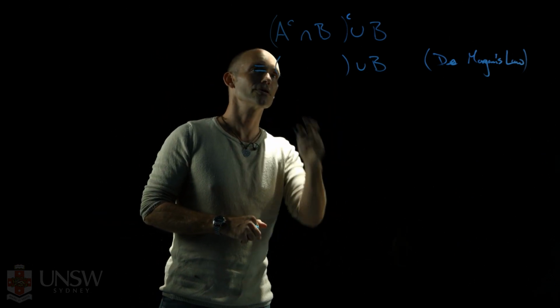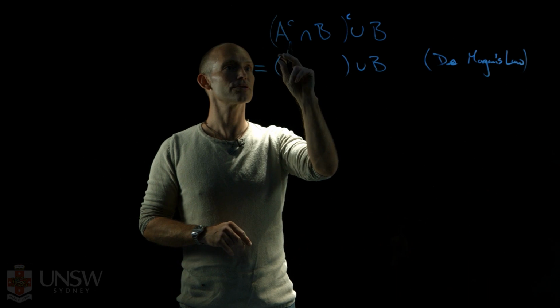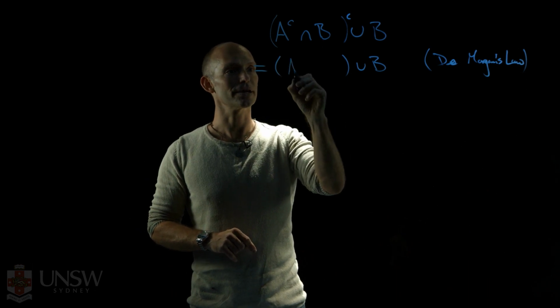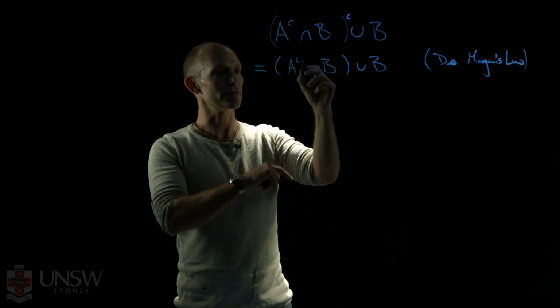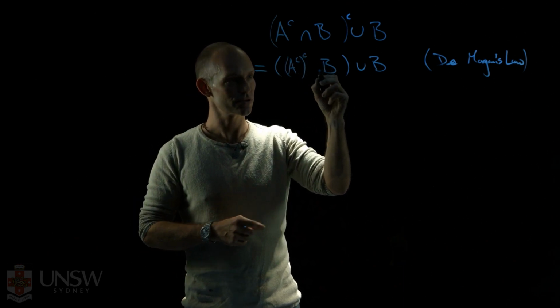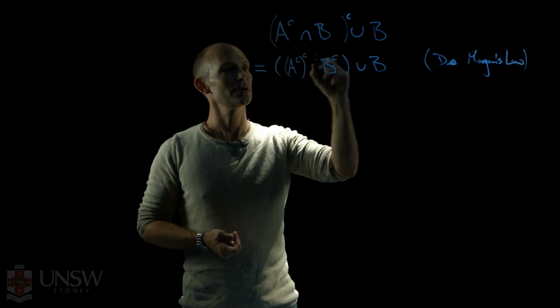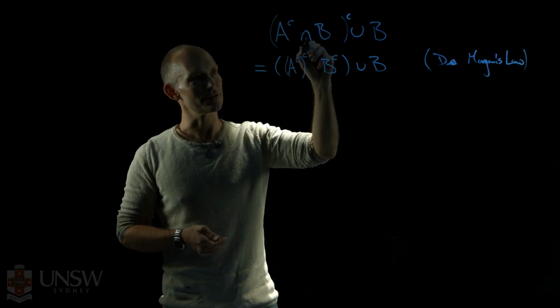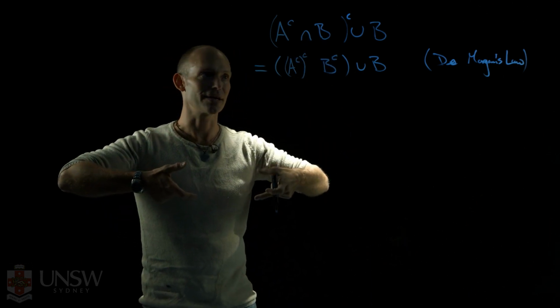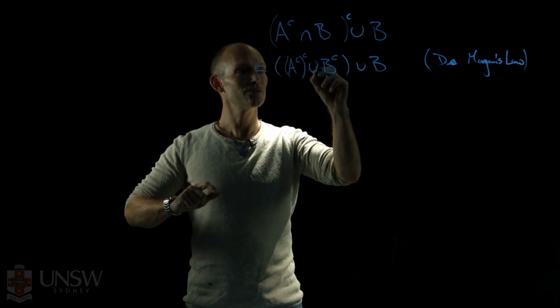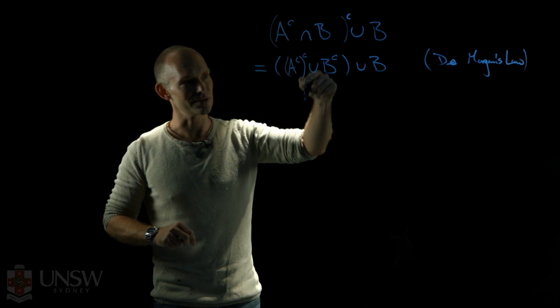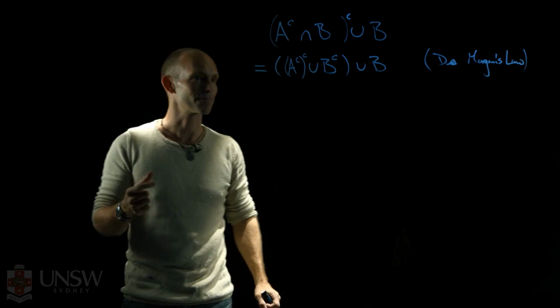So let's see, how do we use De Morgan's law here? Well, we look at what we're intersecting here. We've got A complement and B, and we take the complements of those, so A complement complement and B complement, and then we take the operation that's there and flip it upside down. So now it's an upside down bowl, we flip it up, it's a right side up bowl. Now it's the union instead of the intersection.